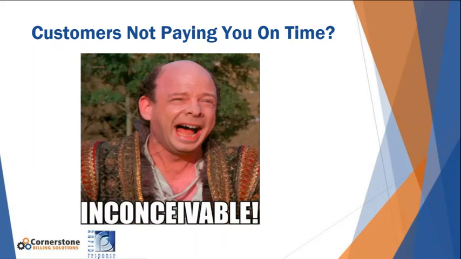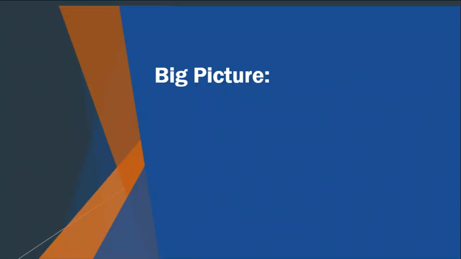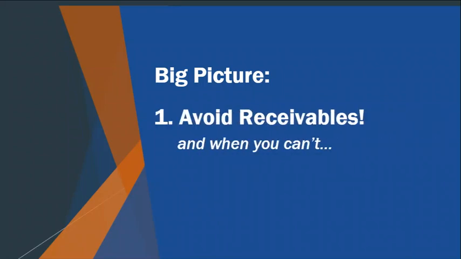That said, big picture, there are really 2 halves to this presentation, and the first half has to do with avoiding receivables in the first place. So not having to collect at all, given technology, given auto pay and other things we'll go over, if you can avoid ending up with receivables, you're obviously going to avoid the collections process.